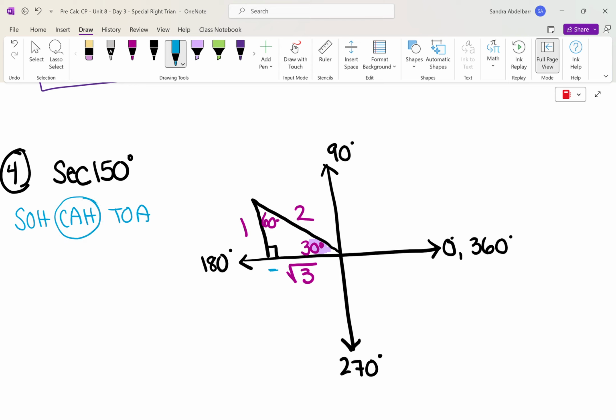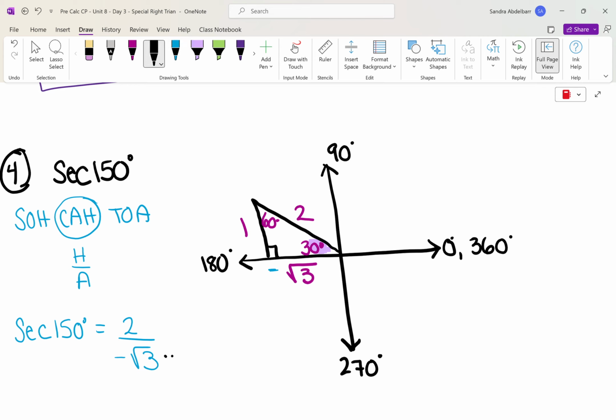So now we know cosine is adjacent over hypotenuse. So what does that mean for secant? It's hypotenuse over adjacent. So the secant of 150 is our hypotenuse, which is 2, over our adjacent, which is -√3.